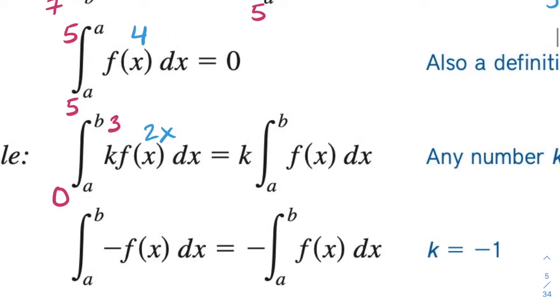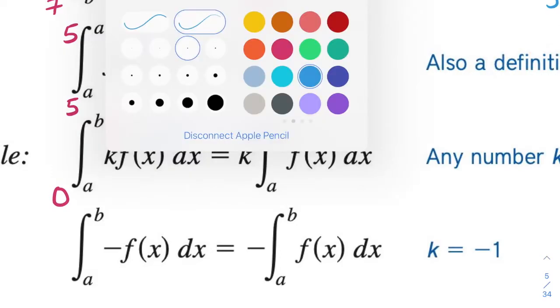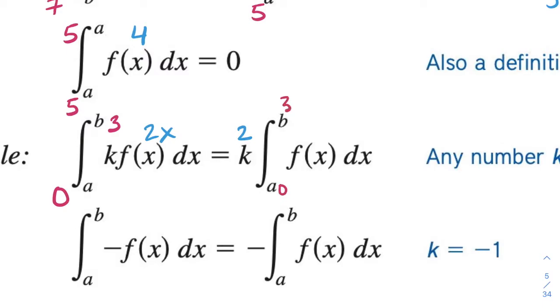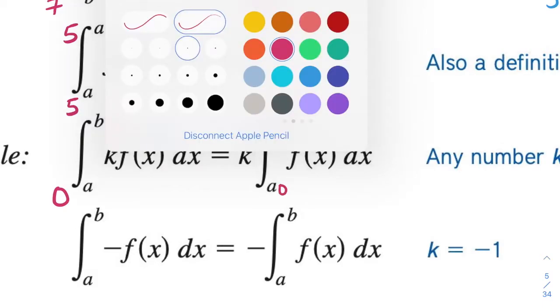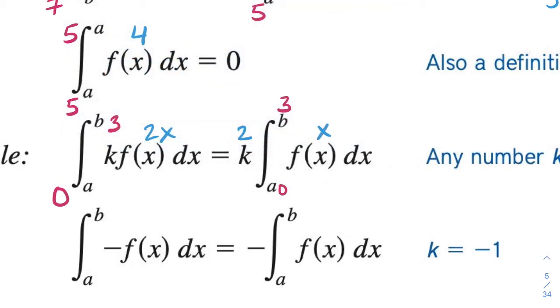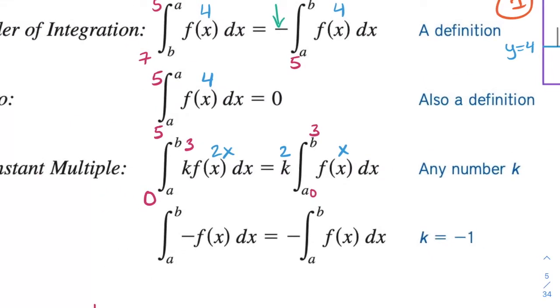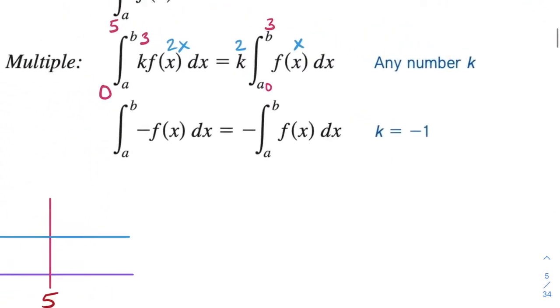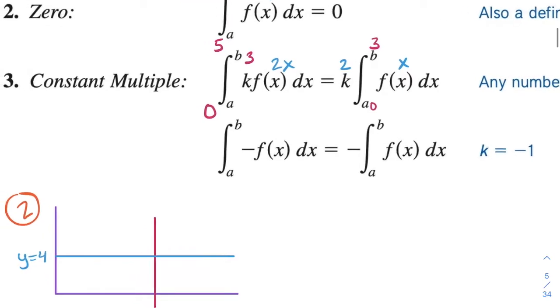That could be the same as 2 times the integral from 0 to 3 of just 1x. They're equivalent. Okay, and I'll show you the graph. And the same thing for the negative. You can pull a negative out front.